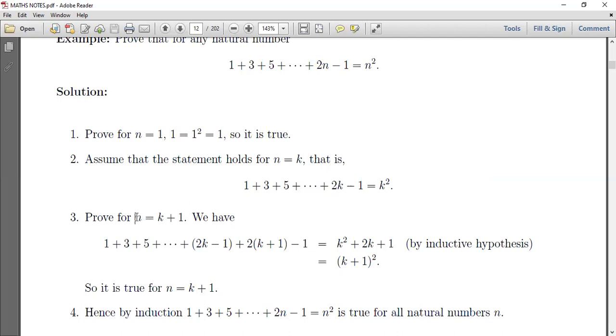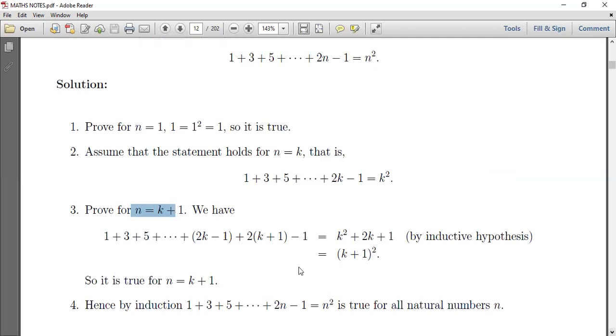Then the task now is to prove that it is true for n equal to k plus 1. Now, when it's true for n equal to k plus 1, it means I'm adding all the odd numbers: 1 plus 3 plus 5 plus 7 plus 9 plus what? Remember previously I've added all the odd numbers up to 2k minus 1.